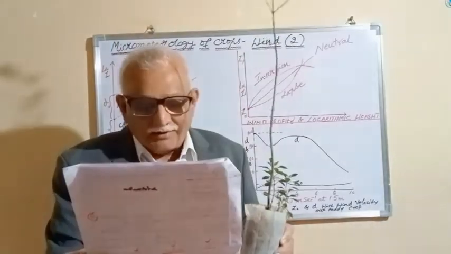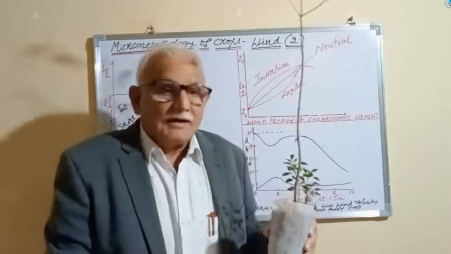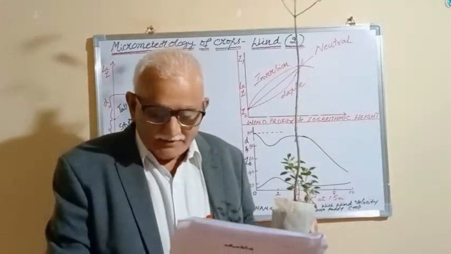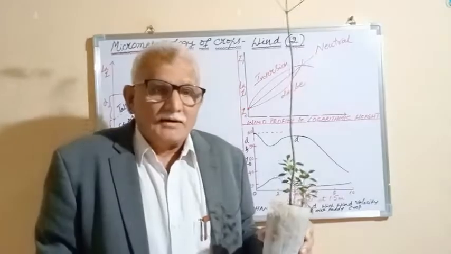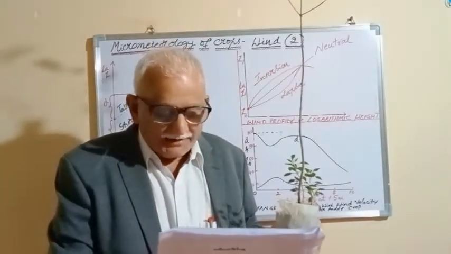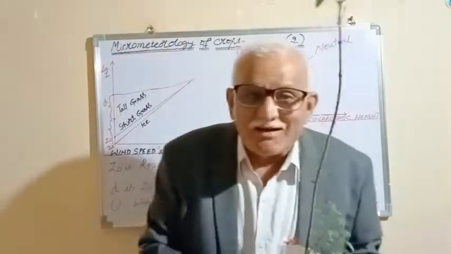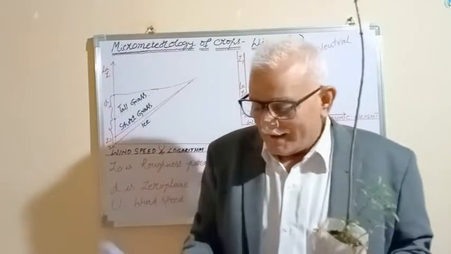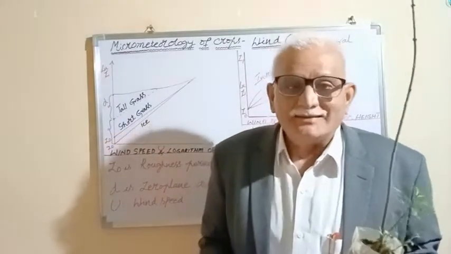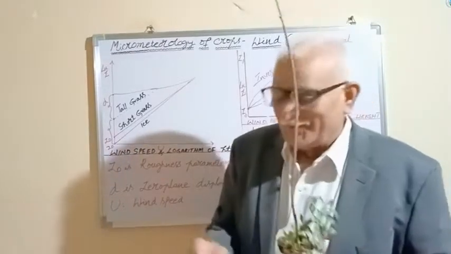Now, please write: under neutral conditions, the relationship between the wind velocity and the logarithm of height is linear, and the intercept is known as the roughness parameter.